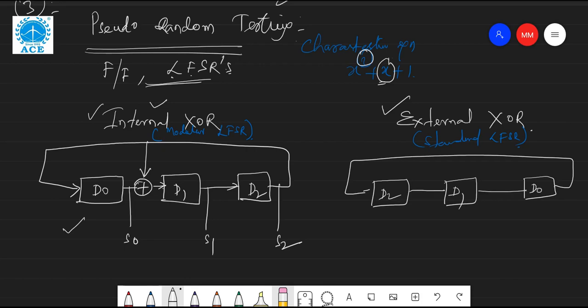External means we have an XOR operation here. At this point, S0, S1, S2. So in such a fashion, pseudo random testing is done. This is the general pattern of pseudo random testing.